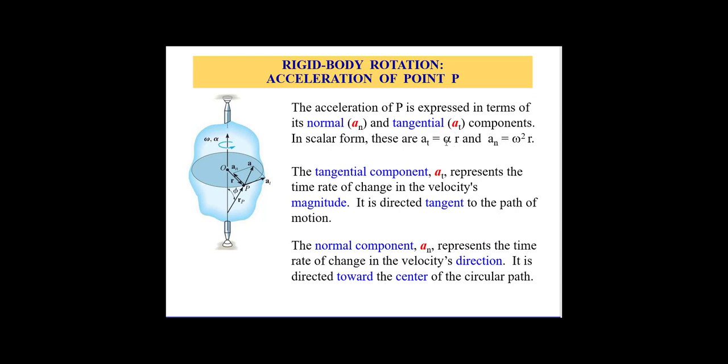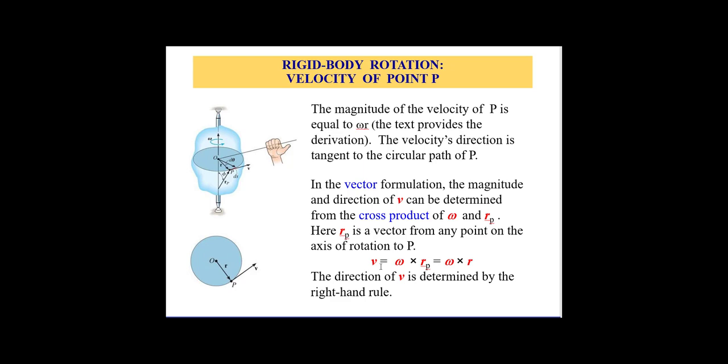Now, how did we get that? Remember that tangential velocity was omega r, or omega cross r. So when you take the derivative of this, it gives you the acceleration.